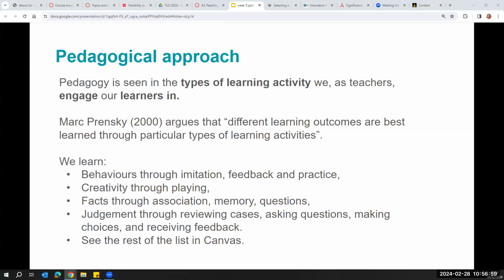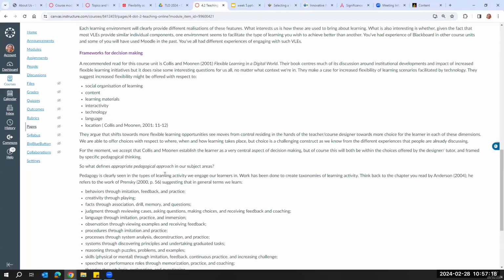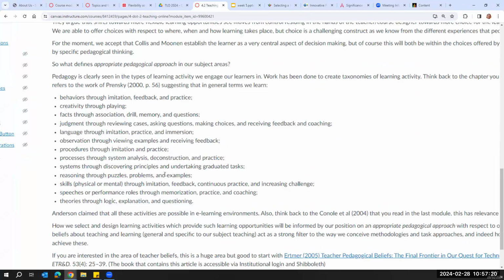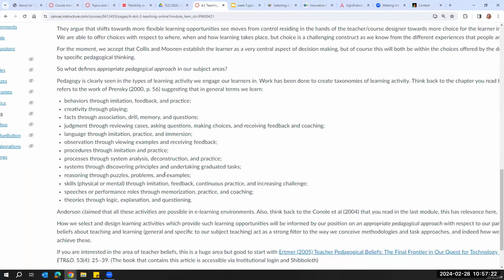Prensky, early in 2000, argued that the different learning outcomes, we're going back to the idea of learning outcomes, are best learned through particular types of activities. And it provides a list of different ways in which people learn. So if I go back to the bigger list in Canvas, because this is something I'm just basically copying from Canvas.